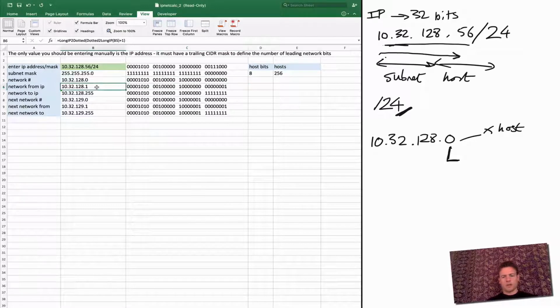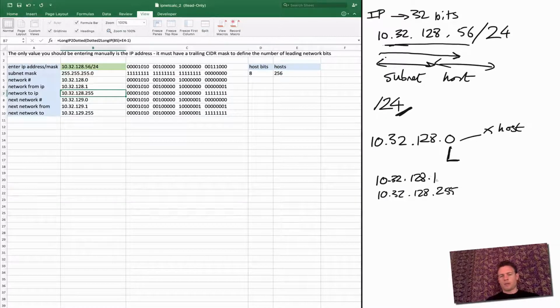So it starts at 10.32.128.1, and it finishes with 10.32.128.255, right? So it's quite simple. The IP addresses tick all the way up from 1 to 255. So these bits all stay the same because they belong to the same network number.